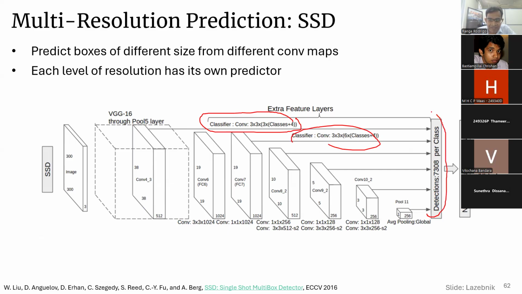Can you see that the feature layers from different scales are being used to do the detection in the SSD?